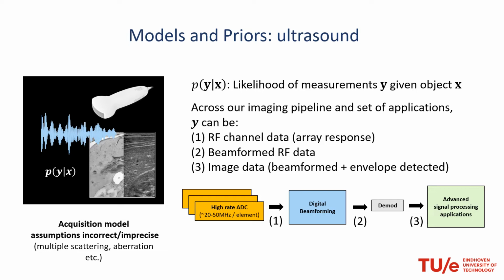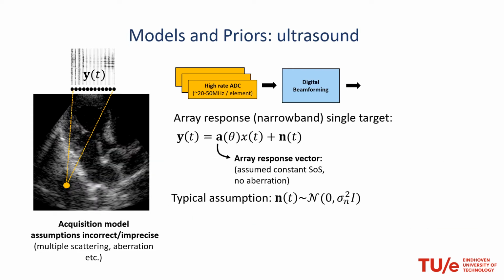It's after sampling. Y can be beamformed RF data, after digital beamforming, or even image data, beamformed plus envelope detected, that you could use for advanced signal processing or image processing applications. Let's look at one of the most common ones, the channel data.